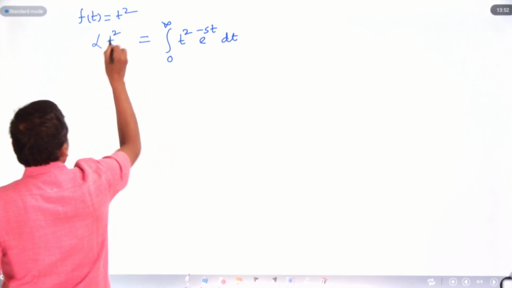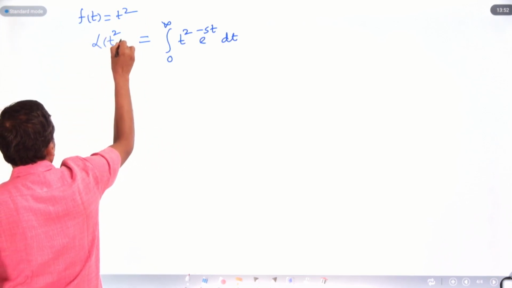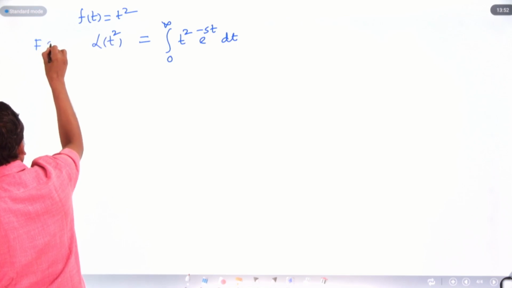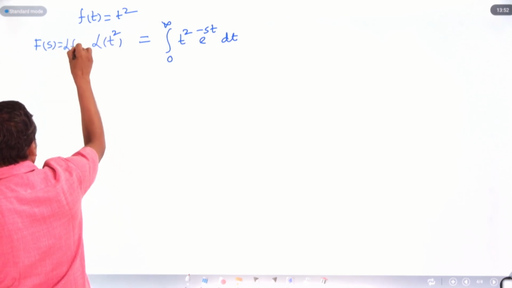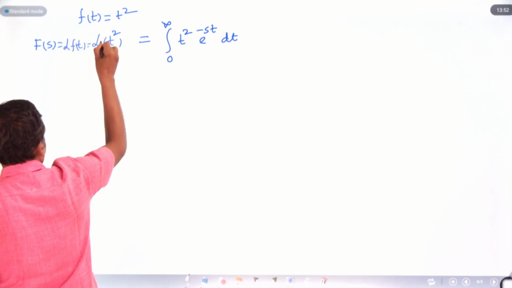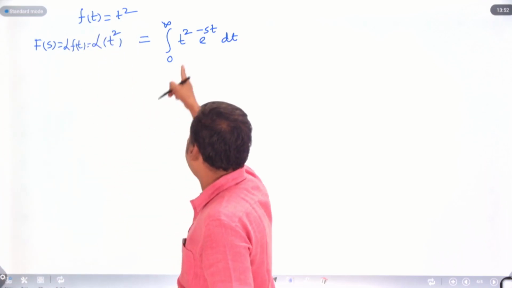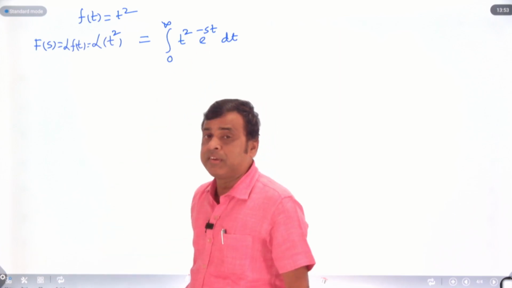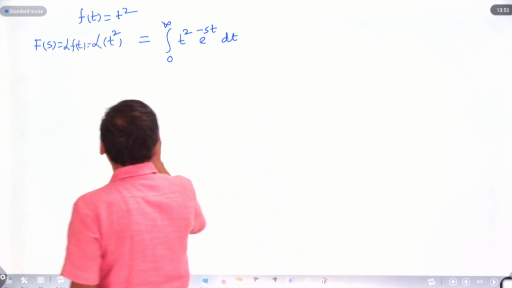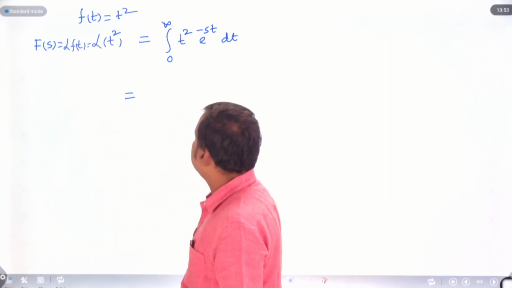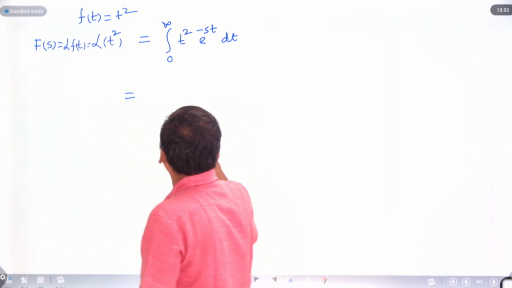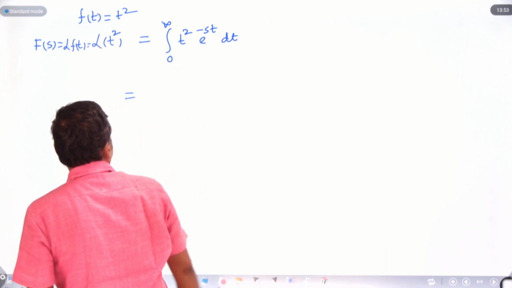So f of s is nothing but the Laplace transform of f of t, and the Laplace transform of t square equals that function into e to the power minus st dt. What is the value here? We proceed with the rule of integration: integral from 0 to infinity of t square e to the power minus st dt.